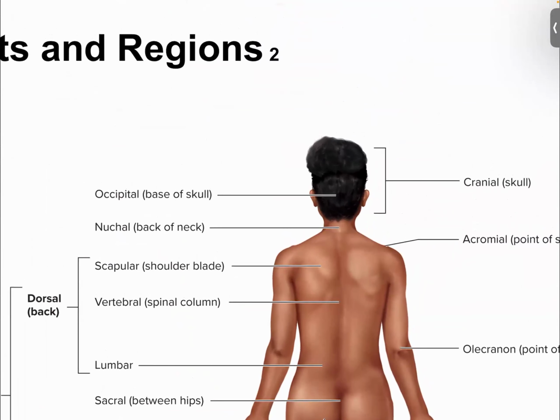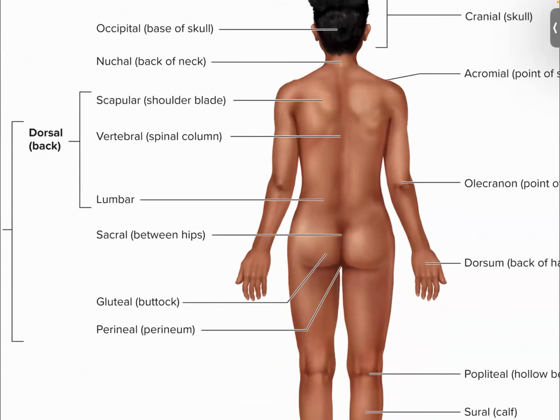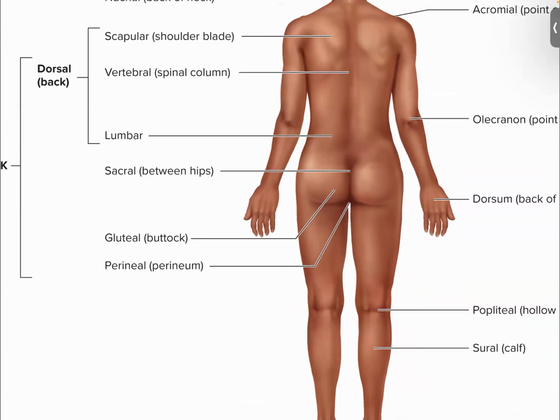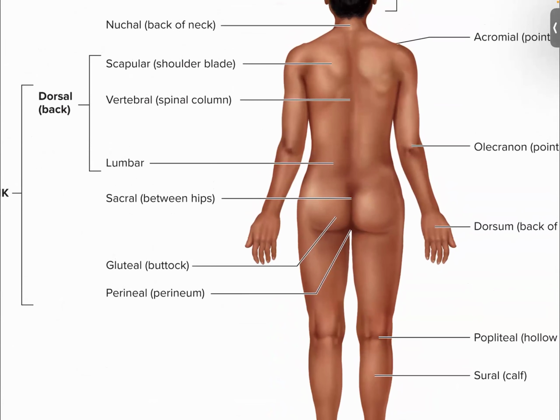The nuchal region, which is the back of the neck, because typically the nuchal is associated with the lines of the skull on the occipital bone itself. So there are nuchal lines or nuchal ridges right there. So that kind of defines that region. The lumbar region, the vertebral region, so the thoracic region, or the cervical region.